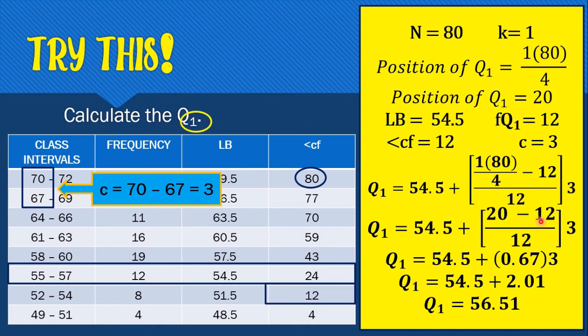So 20 minus 12 divided by 12 is 0.67, times 3 is 2.01, plus 54.5 is equal to 56.51. So our Q sub 1 value is equal to 56.51, which actually falls in the 55 to 57 class interval.